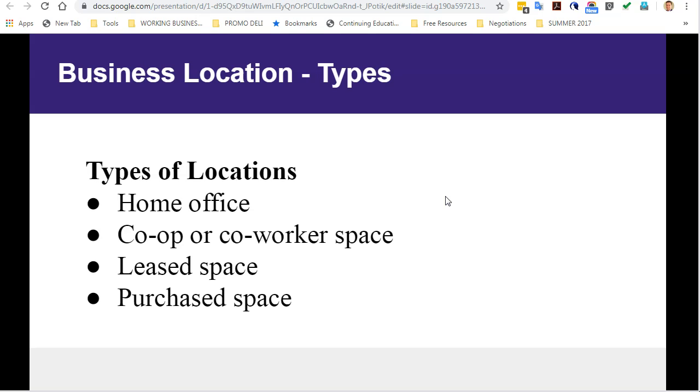And you might get your own office, or you might even get your own desk in a co-working space where you rent out, and it's not the cost of renting it all out yourself. You share that space with other people of a similar business, but they might not be in your business. Two ways to get the space is you could lease the space, you can rent it, or you could purchase the space.